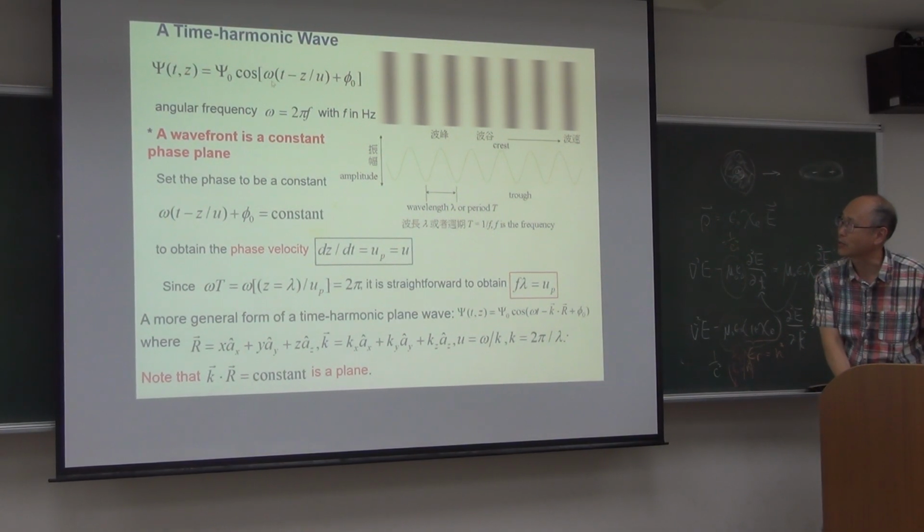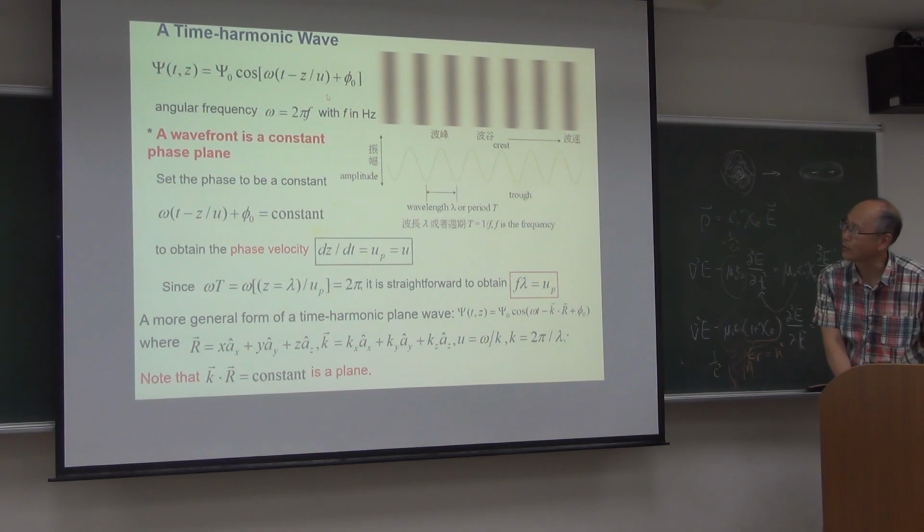Because when you set this phase to be constant, then you end up having a phase velocity u that defines the propagation speed of the wavefront. Okay, the phase velocity basically is the wavefront velocity. So a wavefront is a constant phase plane. Okay, you just set this to be constant, then you end up having z equal to constant given a constant time. Then you have this kind of well-aligned wavefront with the surface normal along the z direction.